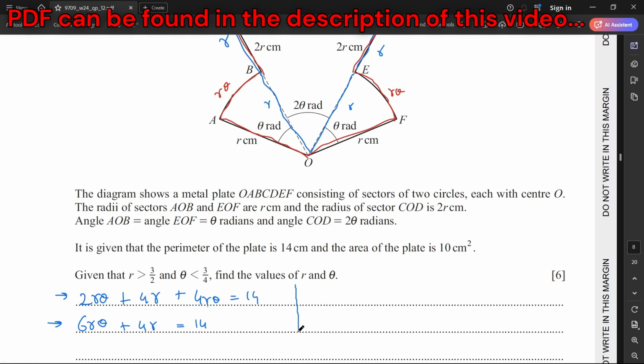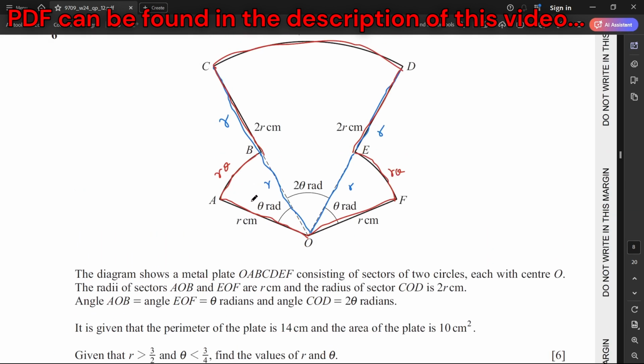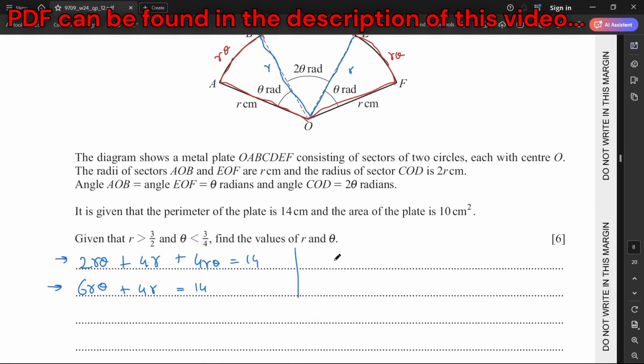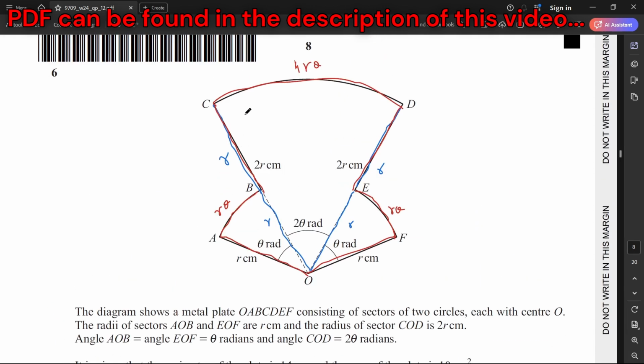And the other equation that we get is from the area of the plate. So area of this thing will be half r squared theta, and the same thing will be for this. So half r squared theta into 2 will be r squared theta, plus it is half r squared into theta.